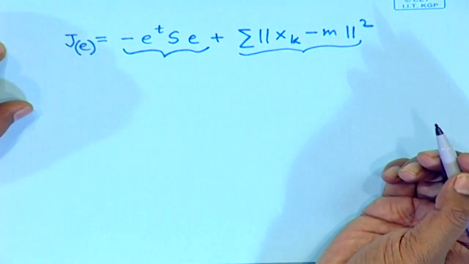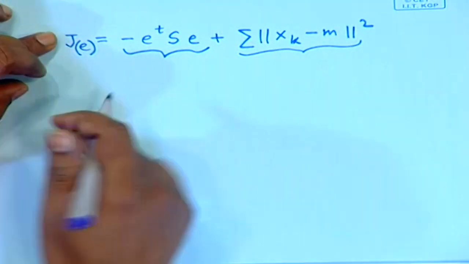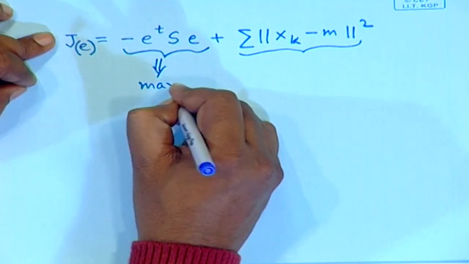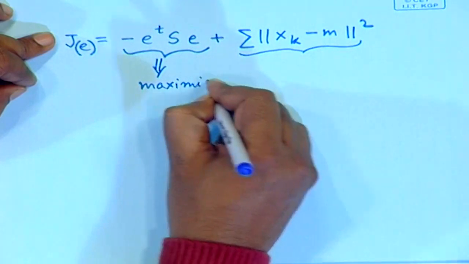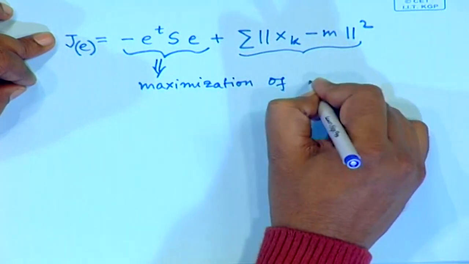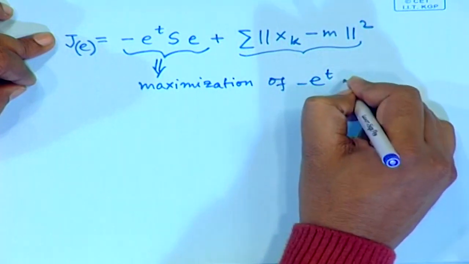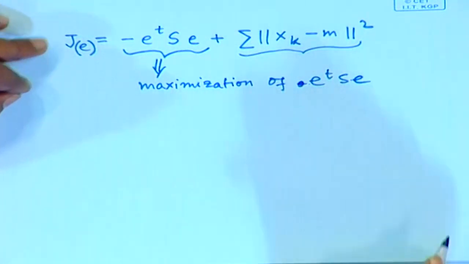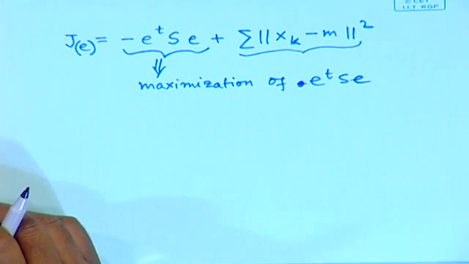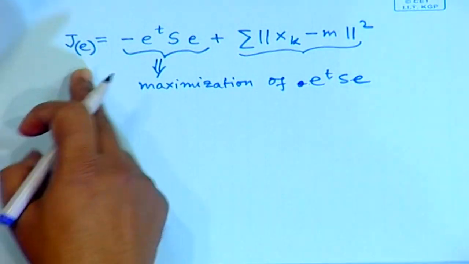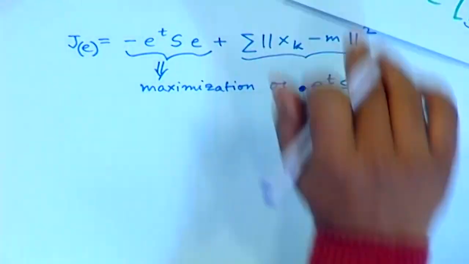Minimization of J(E) effectively means maximization of E transpose S E. So if I maximize this E transpose S E, effectively I am minimizing this criterion function J(E).